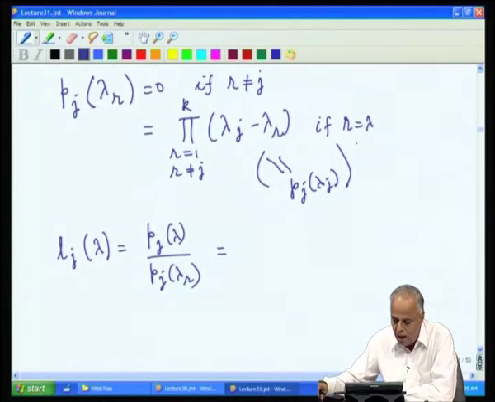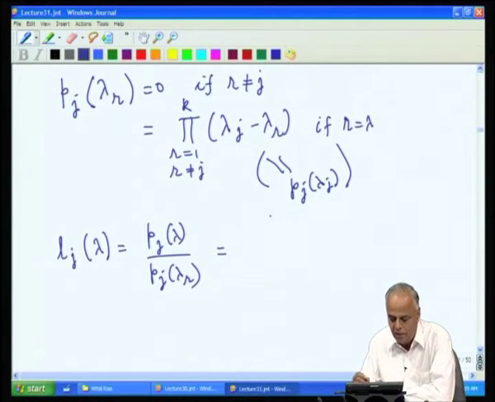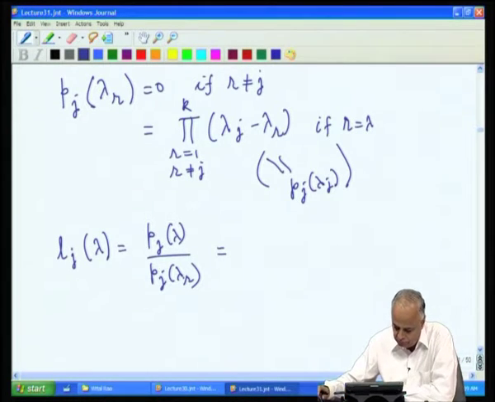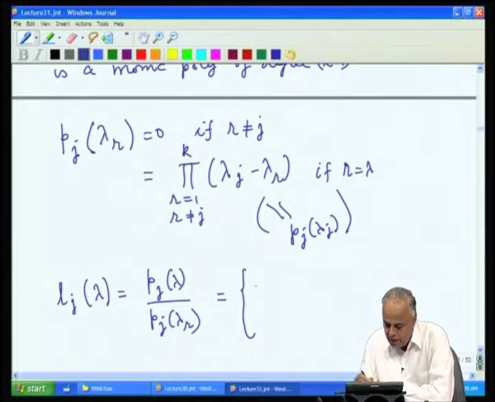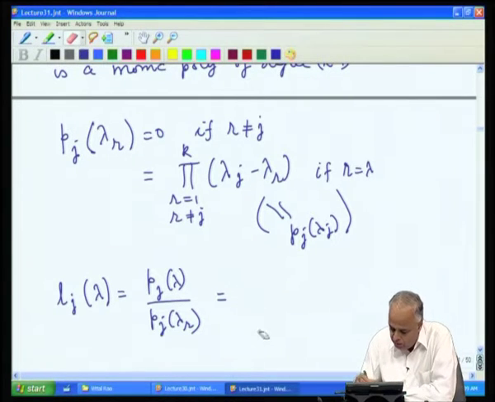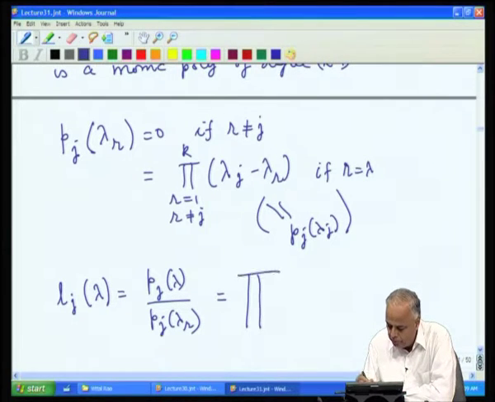P j lambda j is just this polynomial where we evaluate it at the point lambda j. So, what does this become? We know that this has all the factors. So, let us write it in the factor form. This will be nothing but the polynomial, the product over r equal to 1 to k.